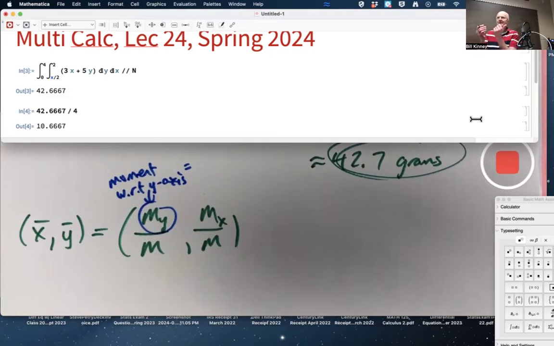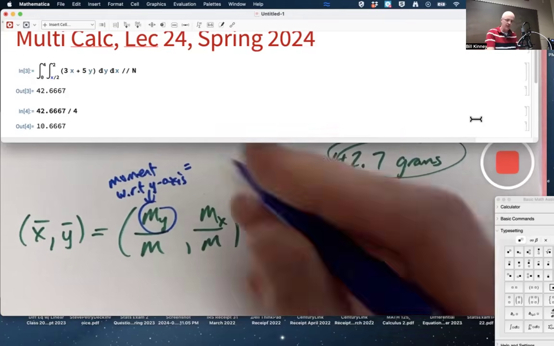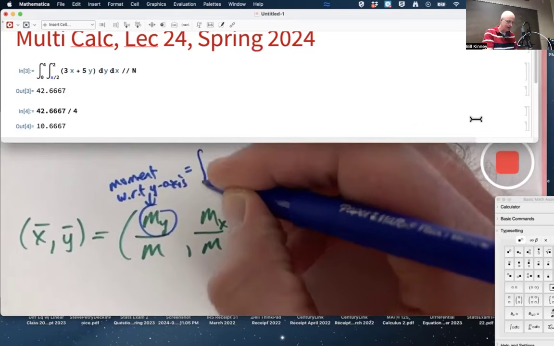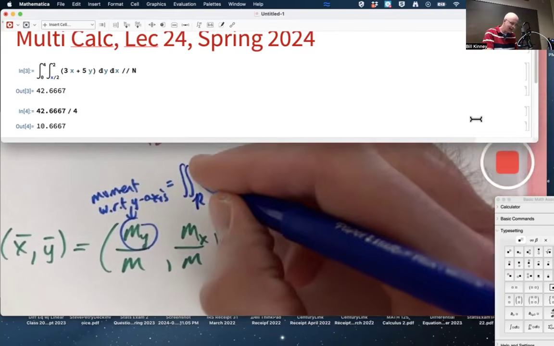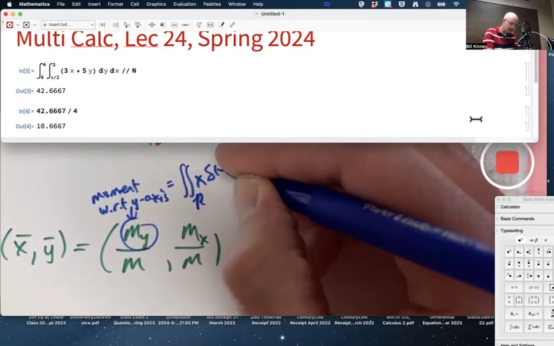It's measuring, in a vague way, the tendency of the lamina to rotate about the y-axis, which is related to weighted averages of masses of small regions perpendicular to the y-axis in the x direction. The formula for this is the double integral over the region of x times the density function.